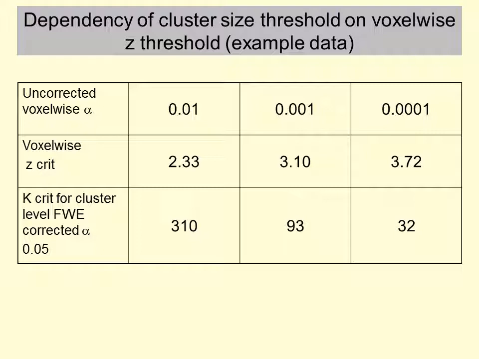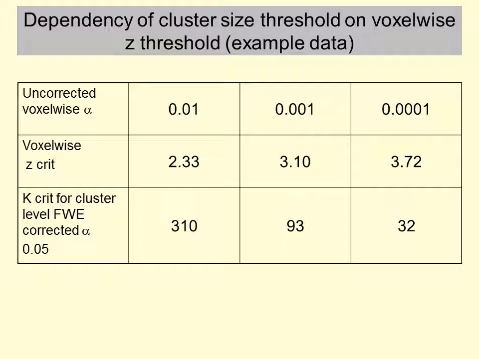If instead we go in with an initial height threshold of 0.001, i.e. an initial Z value thresholding of anything above 3.1, then this time to get only a 5% chance of the cluster being a false positive, it only has to consist of 93 or more voxels.